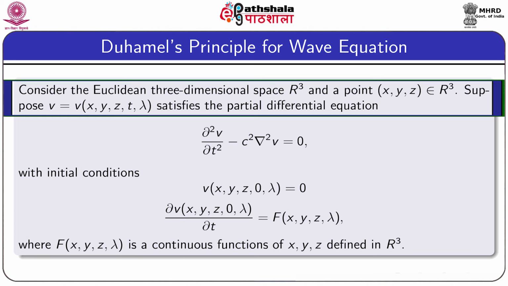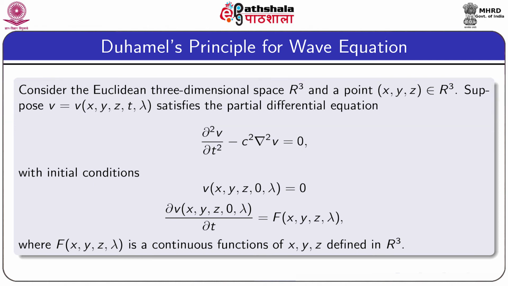Consider the Euclidean 3-dimensional space R3 and a point x, y, z belonging to R3. Suppose V is a function of x, y, z, t and lambda, where lambda is some parameter, which satisfies the partial differential equation del 2 V del t square minus c square Laplace square V equals 0.